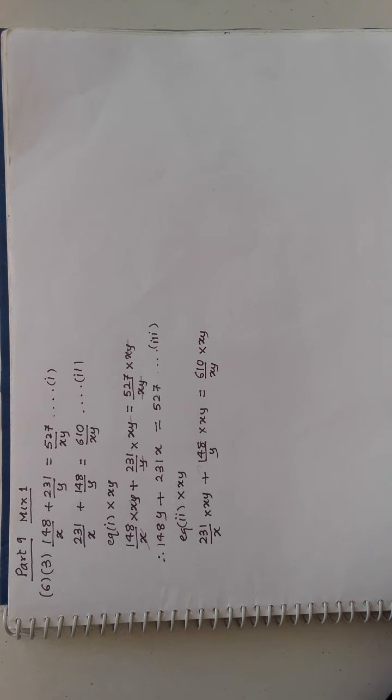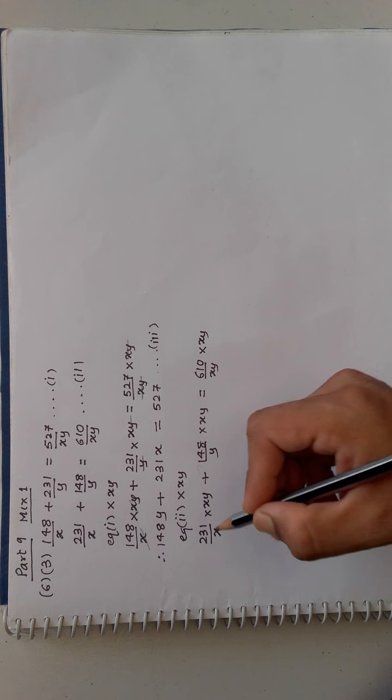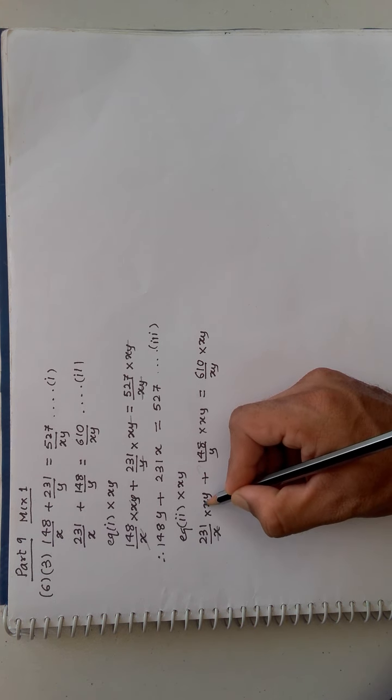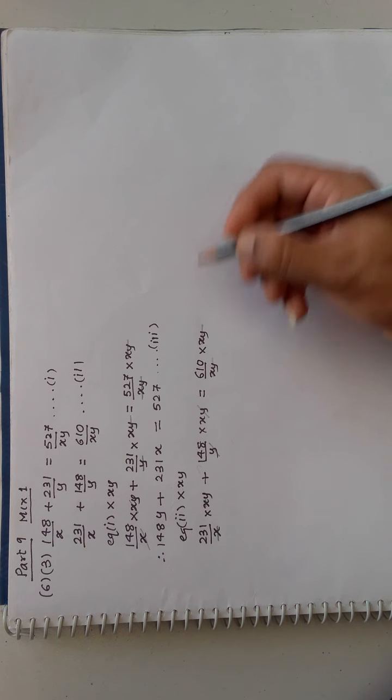So remember this properly. What I have to do is, before plus I have to multiply, after plus I have to multiply, before minus I have to multiply, after minus I have to multiply, before equal to, after equal to. So these x ones are x, these y ones are y, and xy ones are xy.